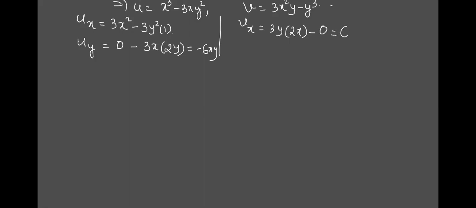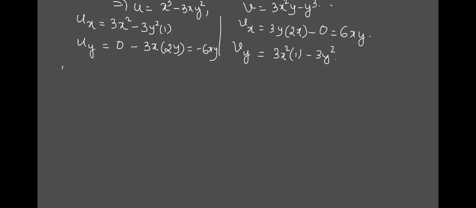So altogether what remains is 6xy. Take v and do it with respect to y now. 3x square is constant, and the derivative of y with respect to y is 1. Minus the derivative of y cube, which is 3y square.